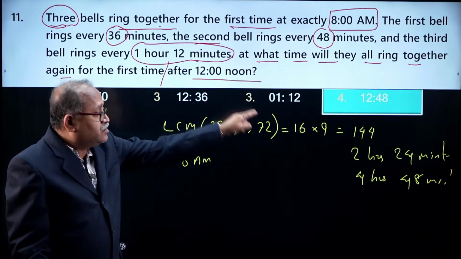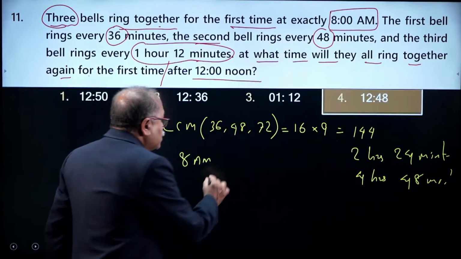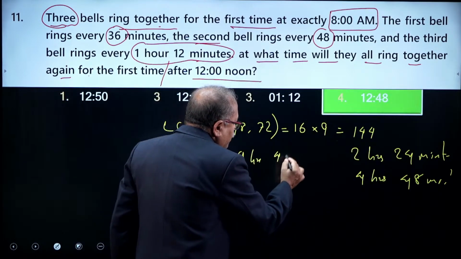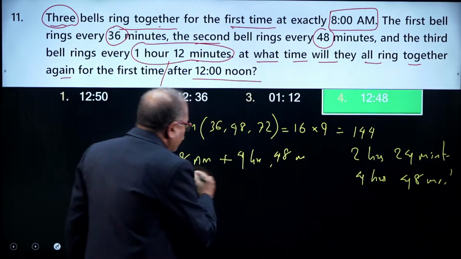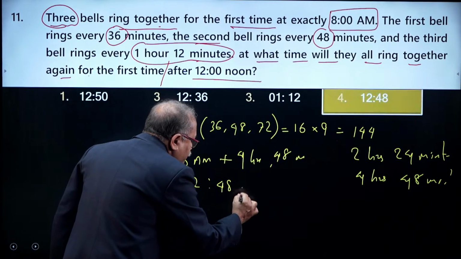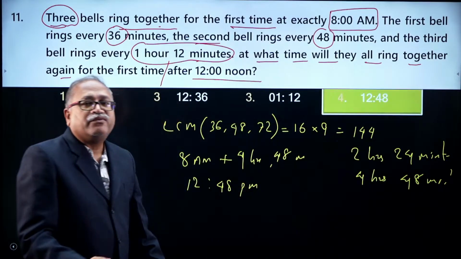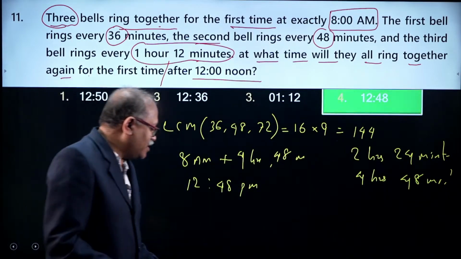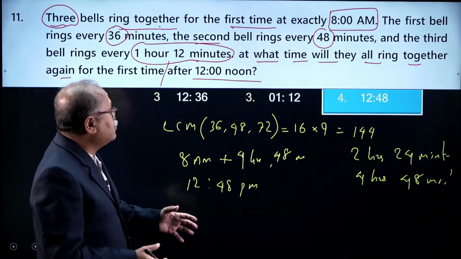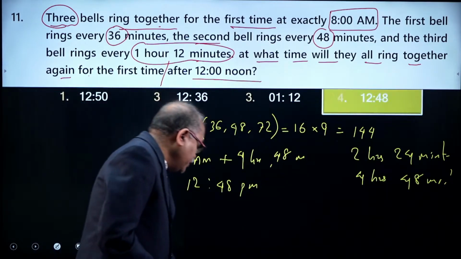So after 12, 48 minutes is there. So plus 4 hours and 48 minutes, finally I get 12:48 p.m. is the time when the bells will ring together for the first time after 12 noon.